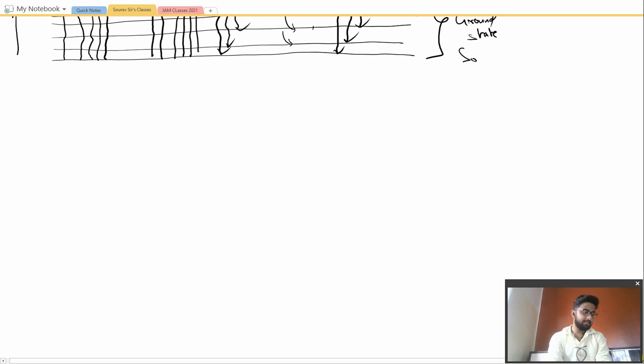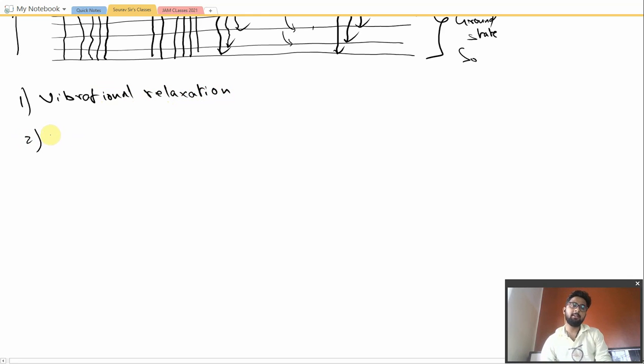The next thing that we need to do is mention the radiative or radiationless decay routes of the electronically excited molecules. The first decay route is vibrational relaxation. Next is internal conversion, which occurs between different singlet states only.